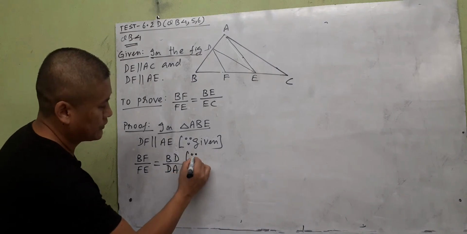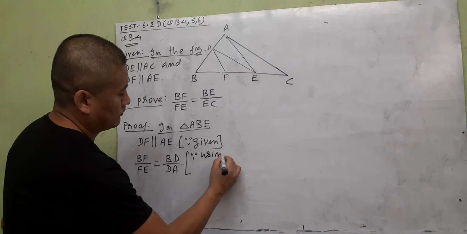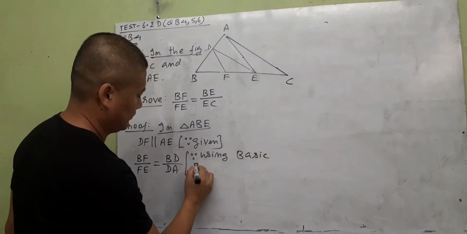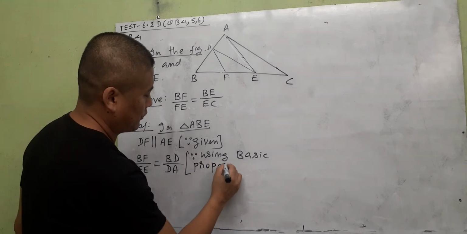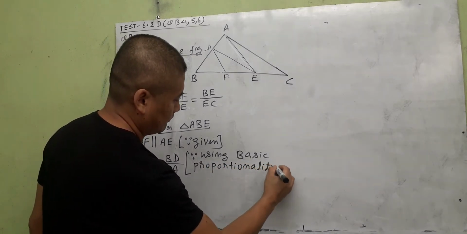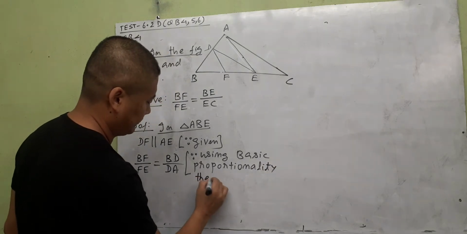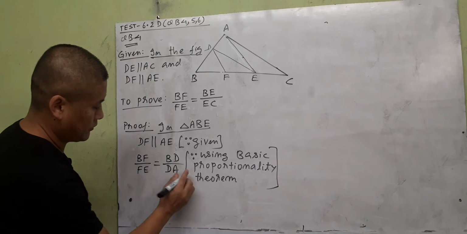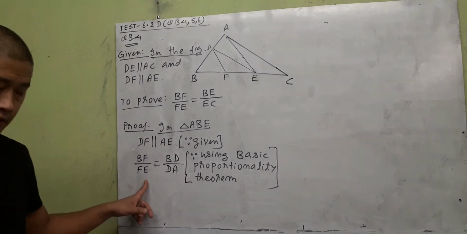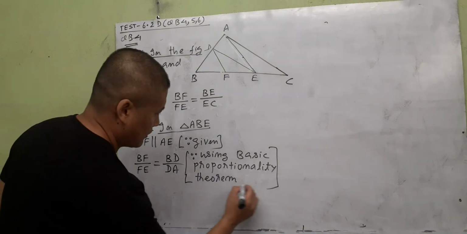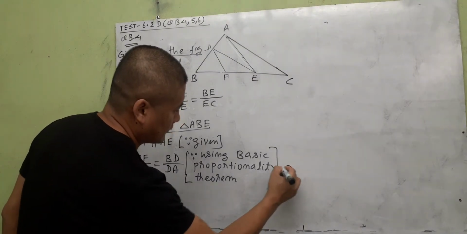This is using the basic proportionality theorem. So that is the reason for writing this ratio form. Let us treat this one as equation number 1.